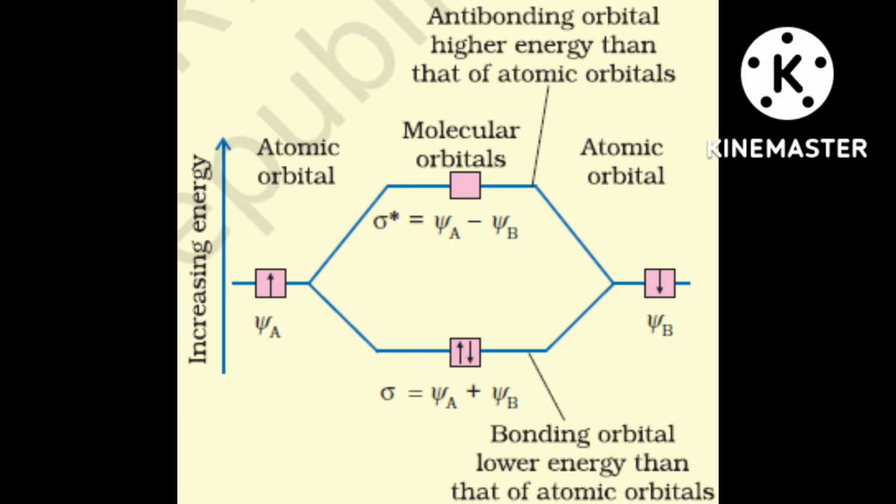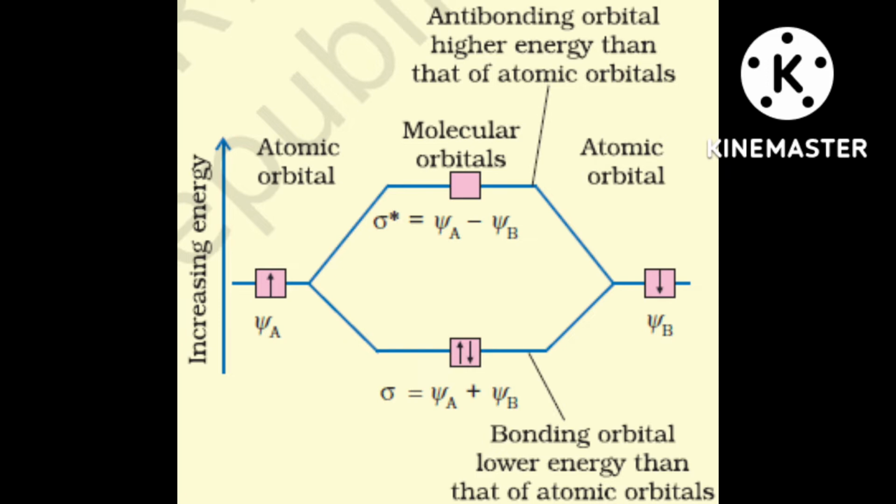Then what is the substitute? An approximate method known as linear combination of atomic orbitals has been adopted. Hence, it is very difficult for a molecule to solve the Schrödinger wave equation.